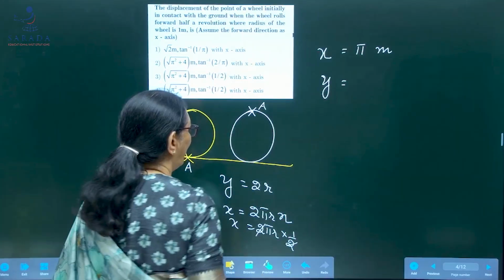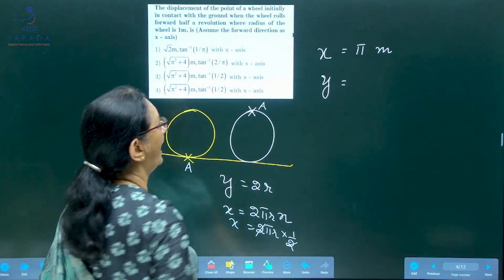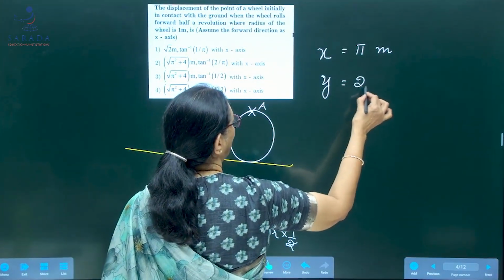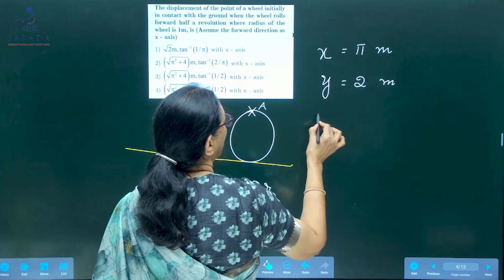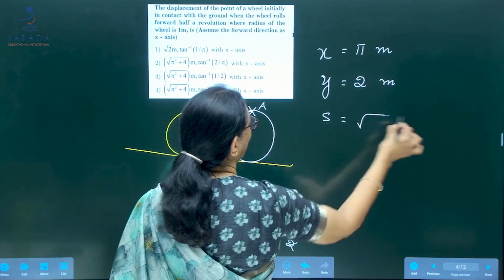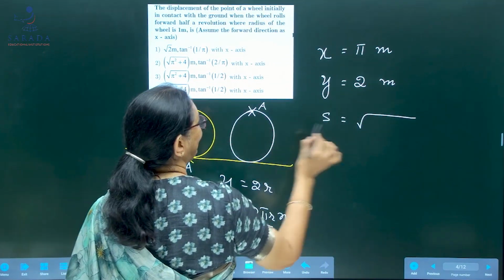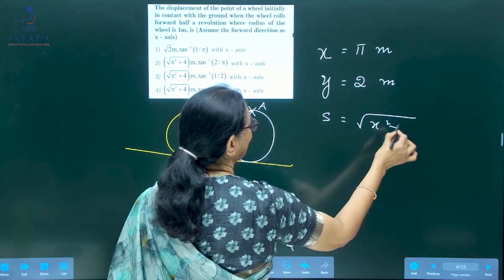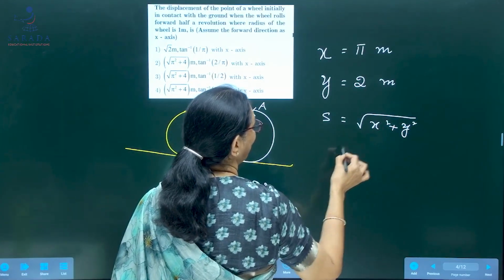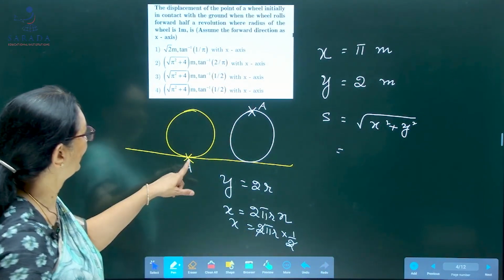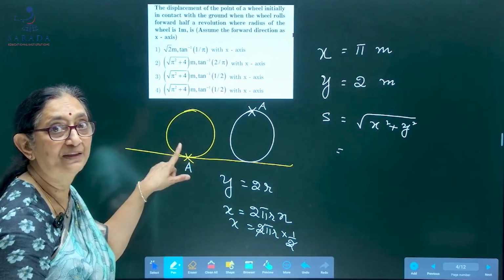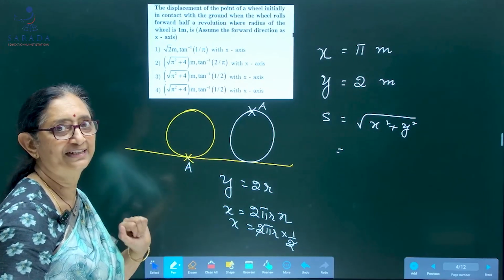Vertical displacement is 2r. r is given as 1. It is just 2 meters. So the net displacement of the point A is root of x square plus y square. I am talking about the displacement of the point A, not the center of mass.